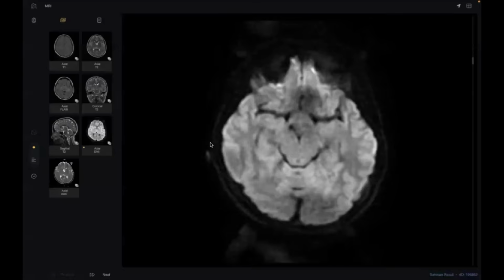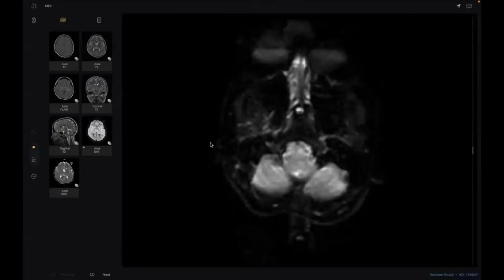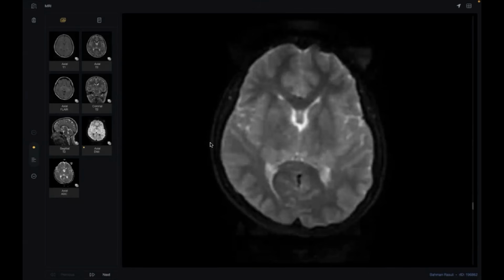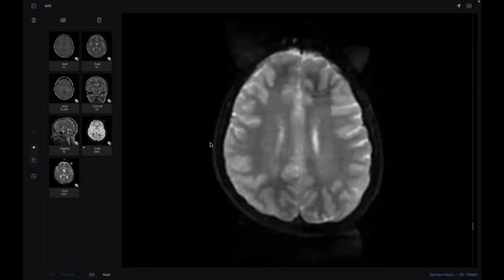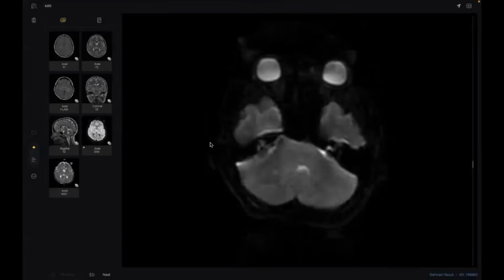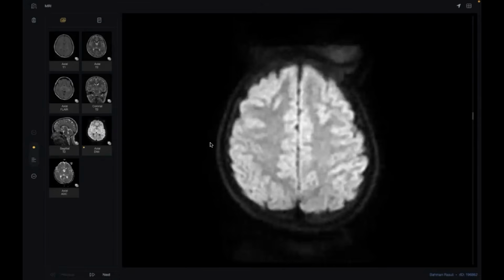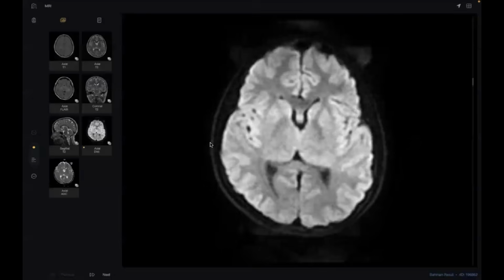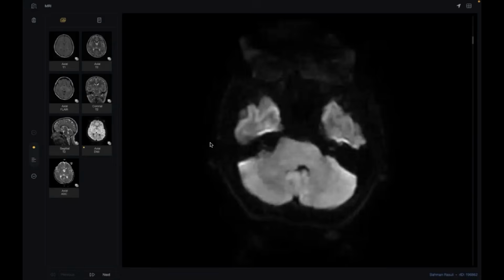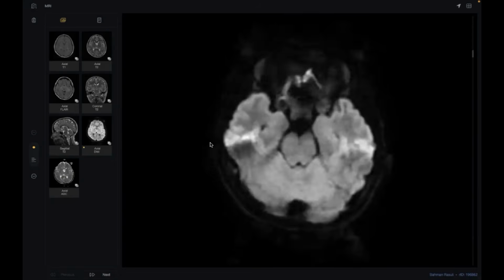So no diffusion restriction seen. Yes, there is no diffusion restriction seen. Sir, it could be due to any metabolic disorder or any demyelinating disorder.